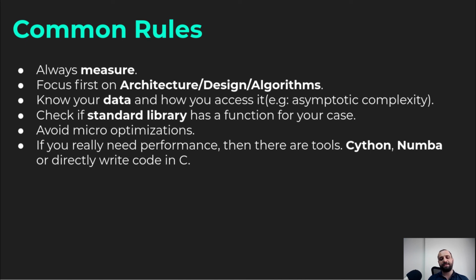Although this might seem very simple, we as developers may waste time because of not checking the documentation properly or not looking for best practices of the framework. And if you really need performance at the end of the day, there are numerous tools for that. In the Python world, a few examples might include Cython, Numba, or directly writing your code as a C extension.